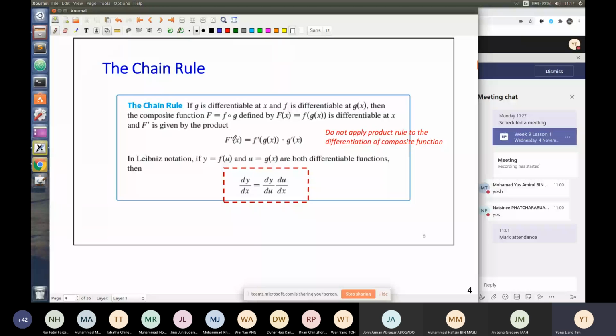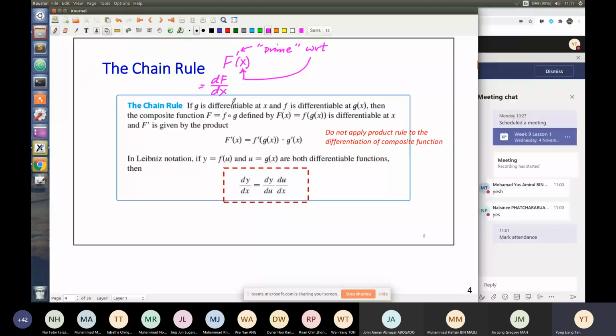Let me write a note here. So F prime x, this prime is with respect to the independent variable x. So this guy is actually given by dF dx.